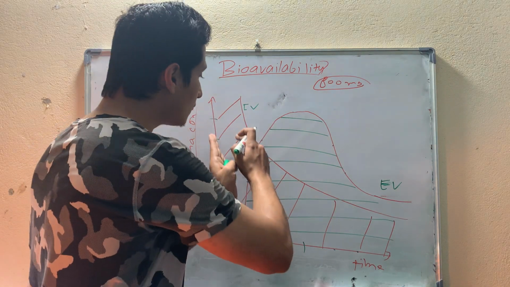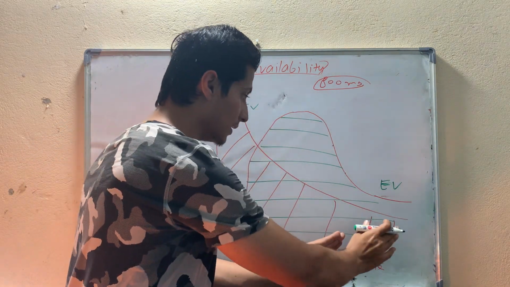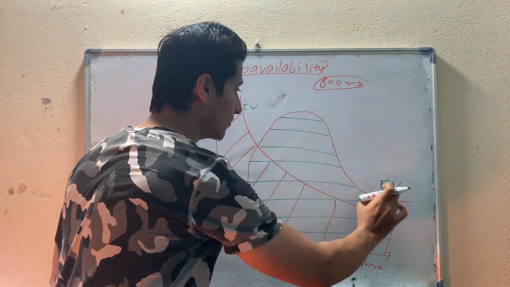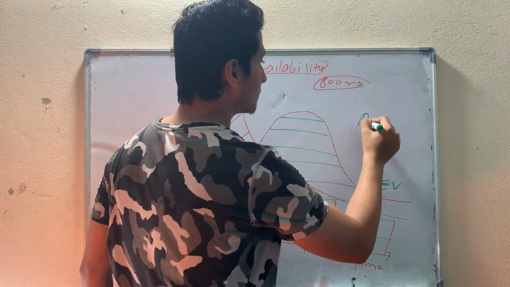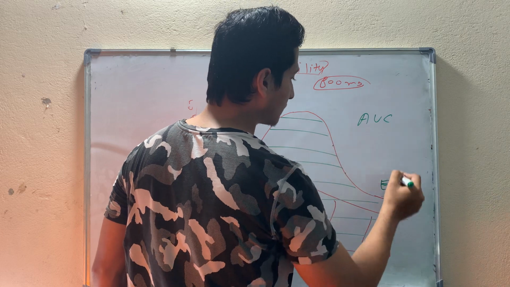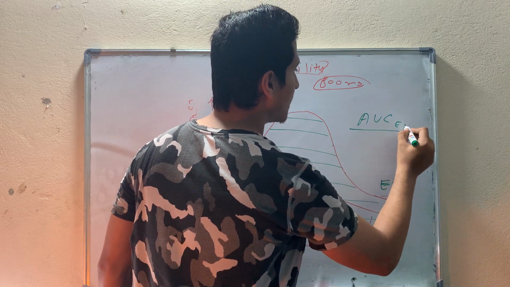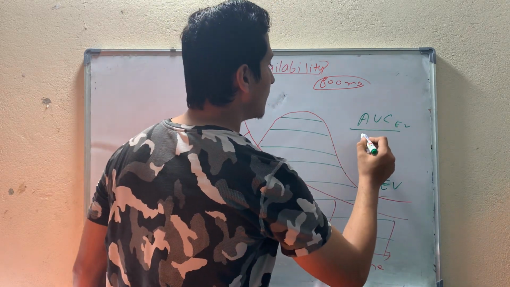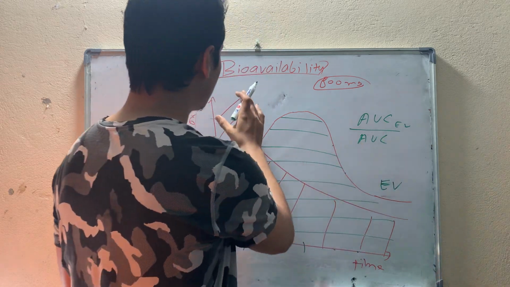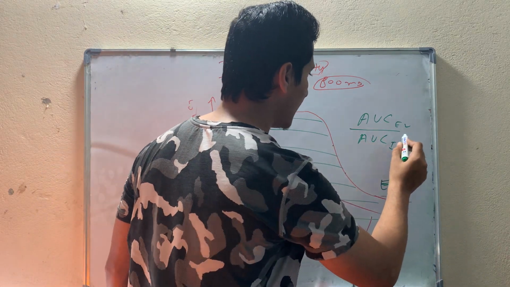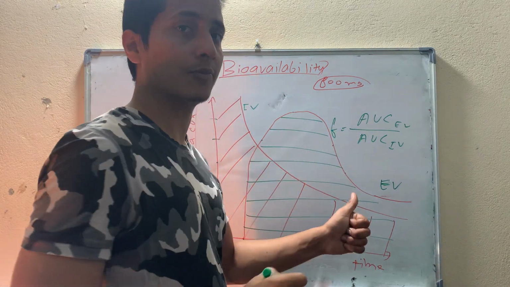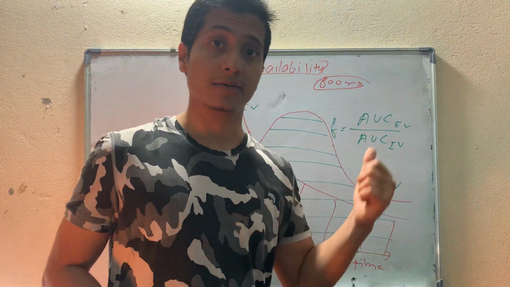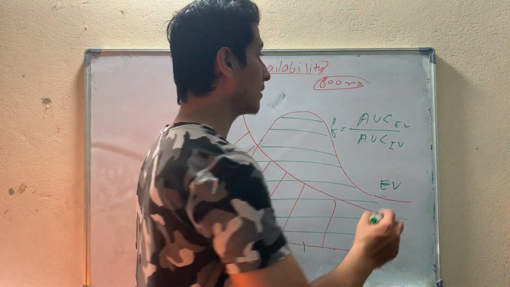So out of all the drug given, how much of the drug is present in the plasma? If we divide the area under this curve, extravascular, by the area under the curve under IV administration, we get a fraction. And the fraction represents the bioavailability, right?